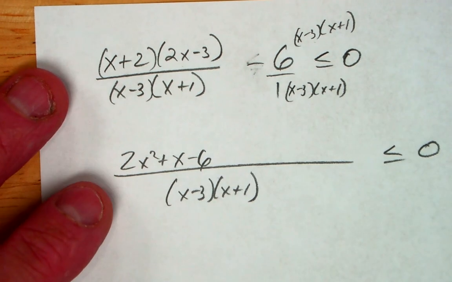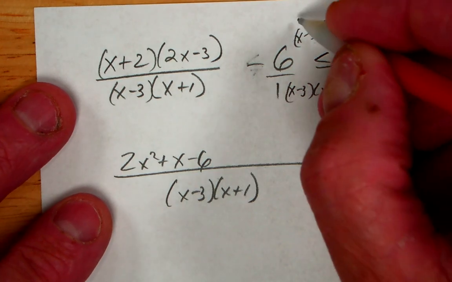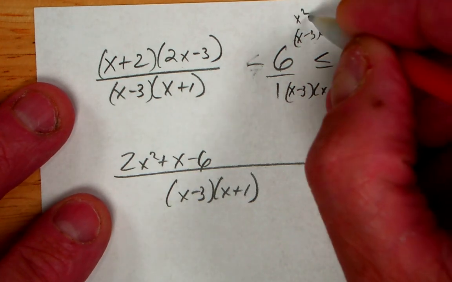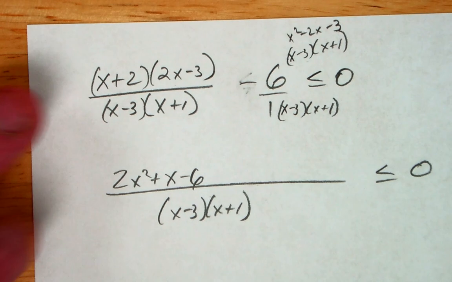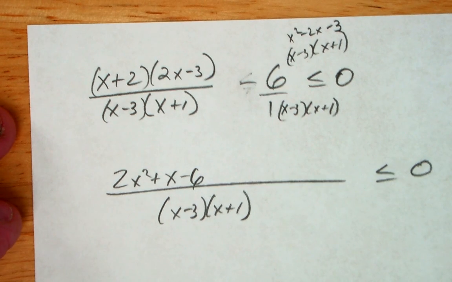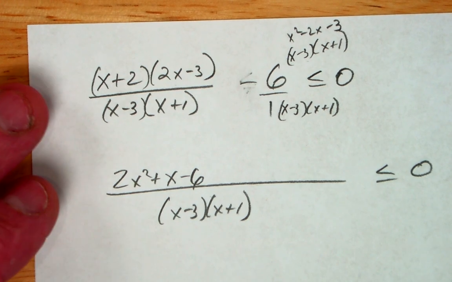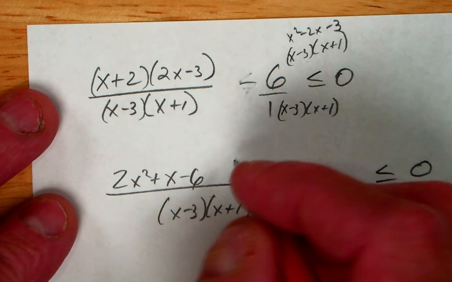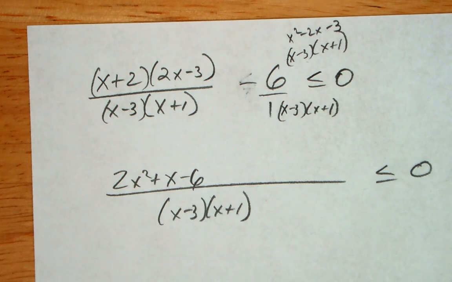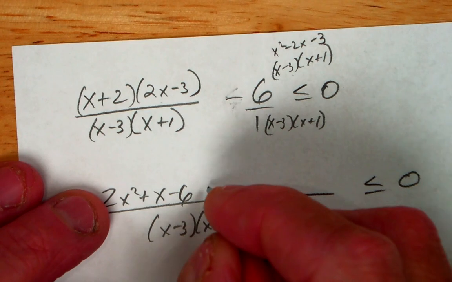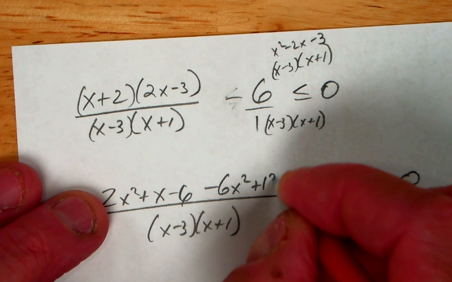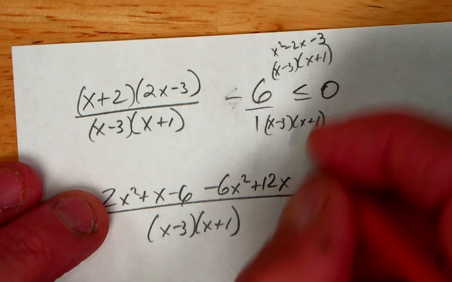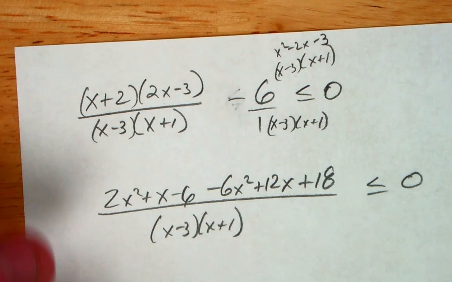And I'm going to jot some things here just so we can save ourselves. I multiplied that out real quick. Now I have to take negative 6 times all of that. So I get negative 6x squared plus 12x plus 18, right?